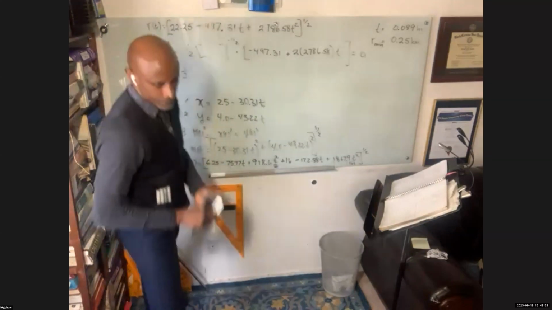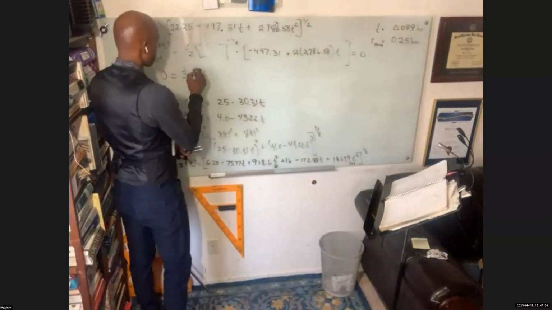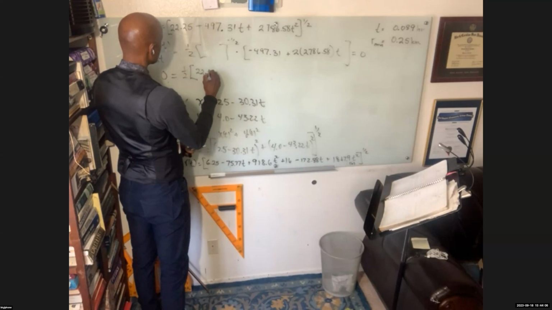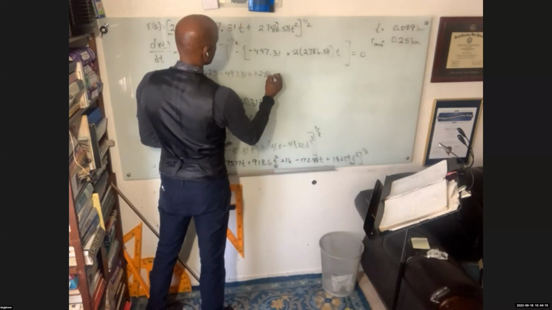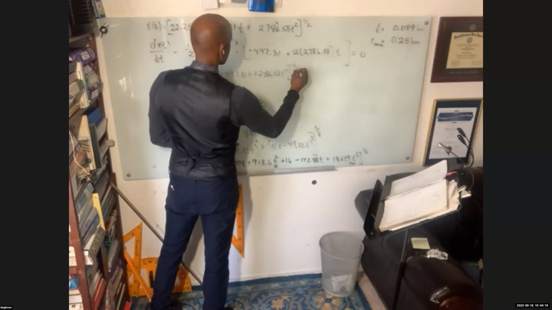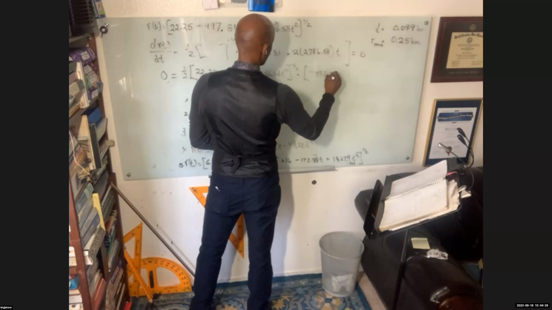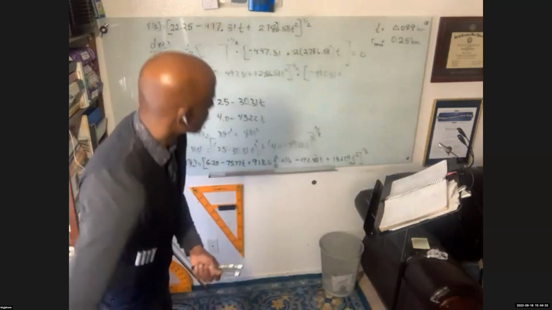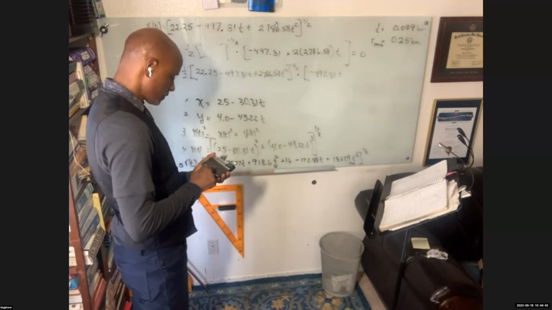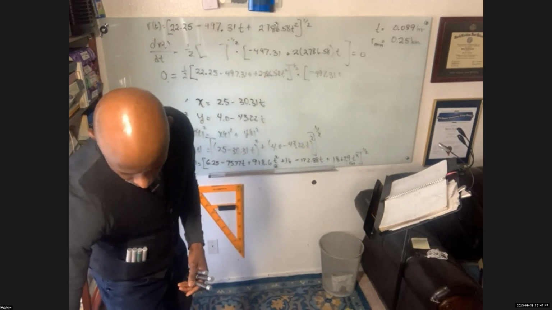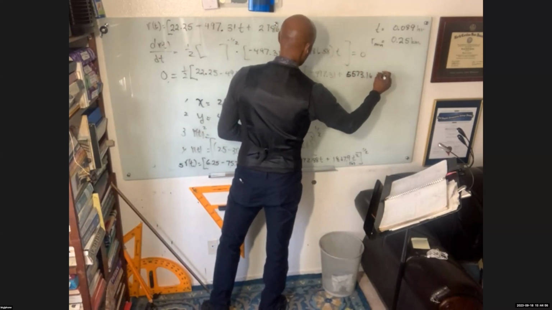Let me write this out so I don't get confused. 22.25 minus 497.31t plus 2,786.58 t squared, to the minus 1/2, times minus 497.31 plus twice that, which was 5,573.16 times t, and all of that equals 0.